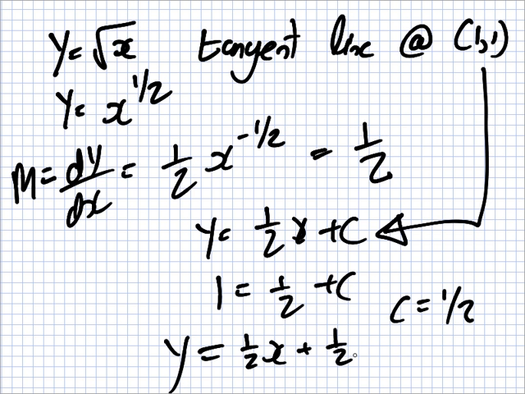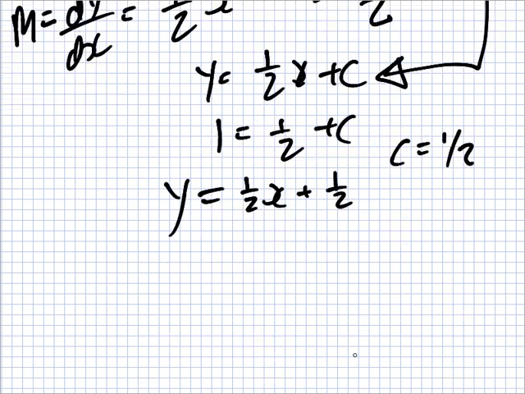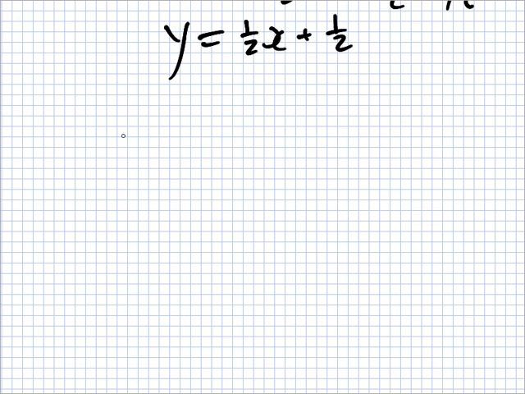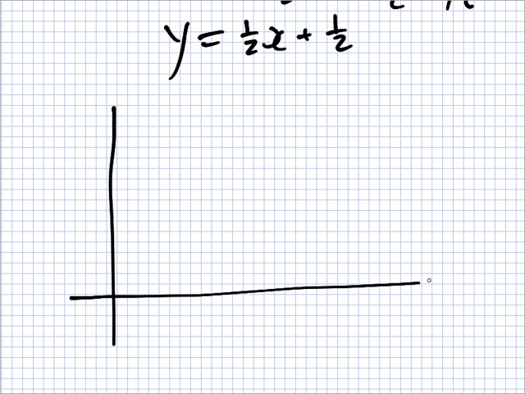Okay. Do we have this written down? Right. So, as I was saying, why are tangent lines useful? Let me show you an application of a tangent line. Let me quickly sketch what we have.